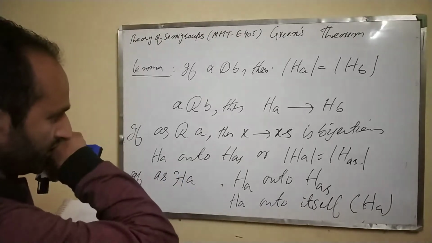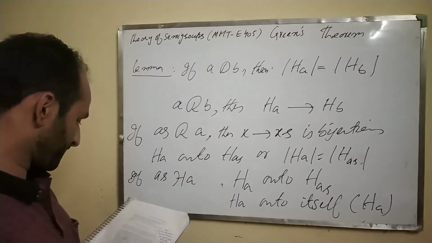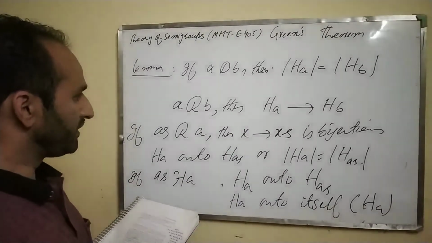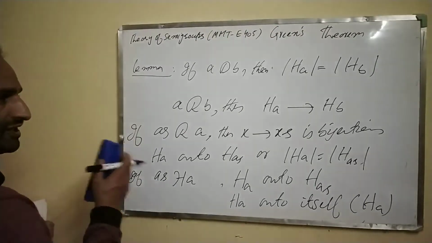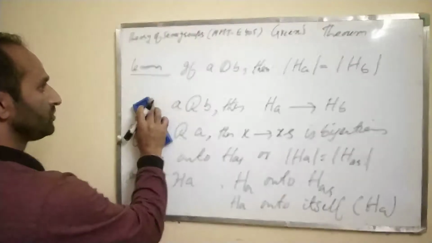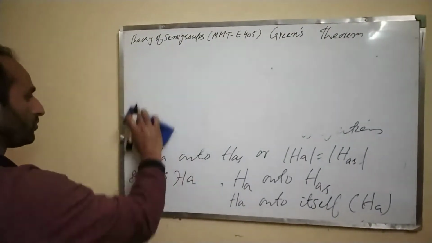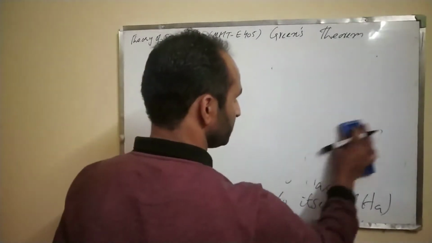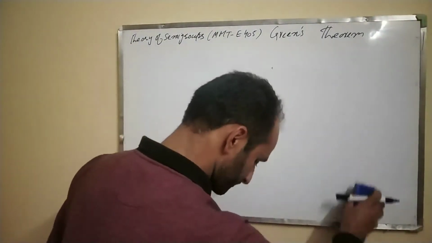For the dual, we use the left translation mapping, lambda, which maps X onto SX. So let me first state that lemma, which includes both statements.